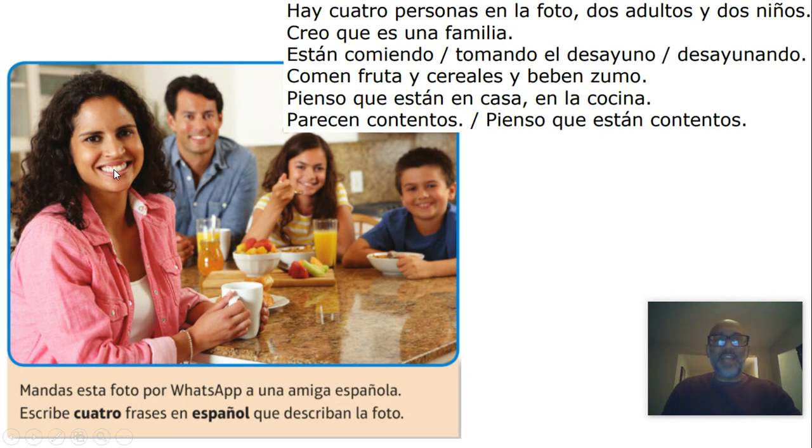So, están sonriendo, they are smiling. Or you could mention things like the temperature or the weather. Hace calor, it's hot. Because they're inside, you probably won't mention it's sunny. But yeah, hace calor would be a good one.